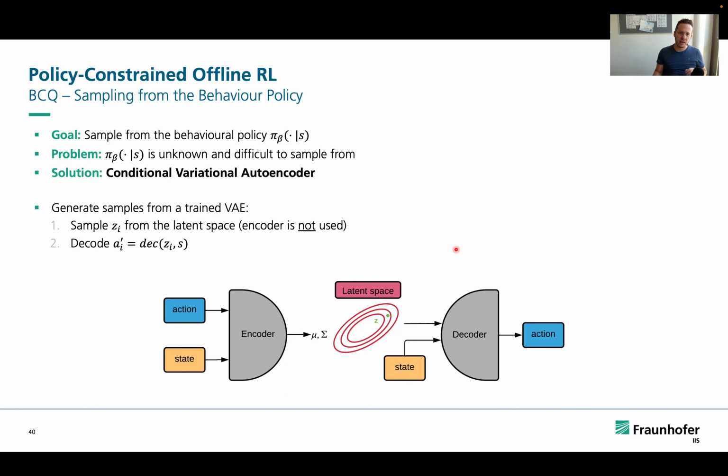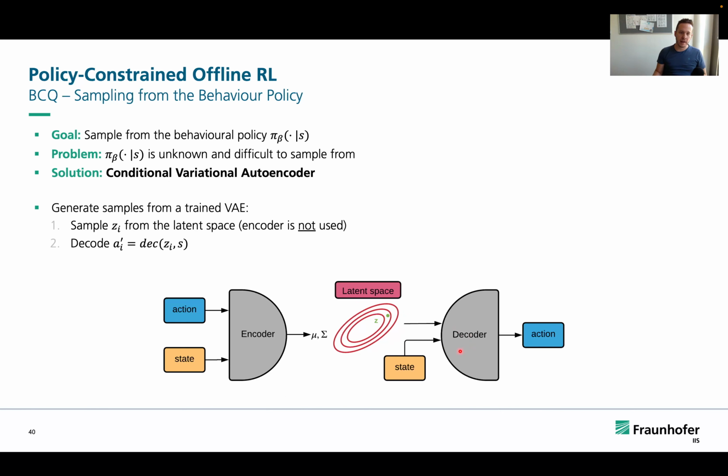The conditional VAE looks a little bit different because it conditions on certain variables. The input to the encoder is similar to a VAE: we have the state and actions as input, which are part of the transitions in the data set. We get some random variables from which we want to sample finally. During training, we sample from the latent space, conditioned on a certain state, and we want to estimate the action that we take in that state.